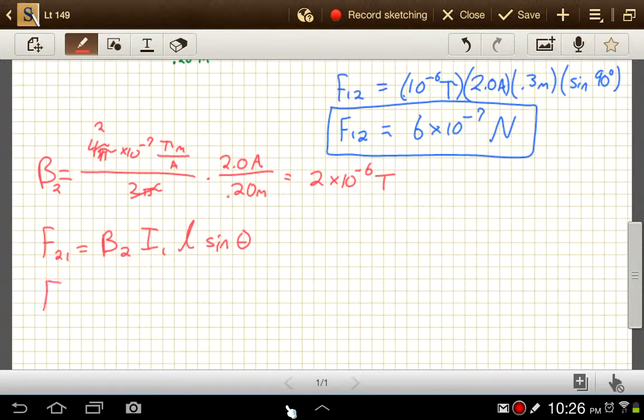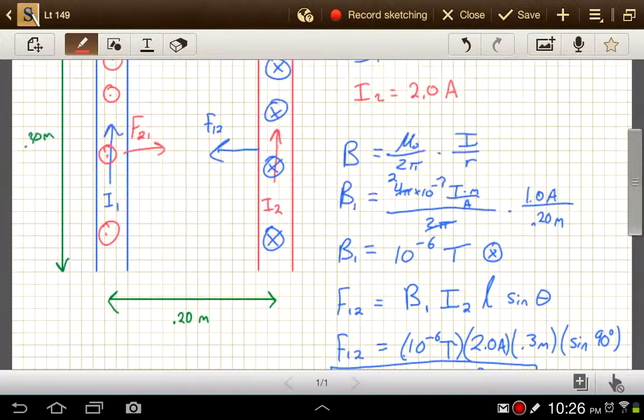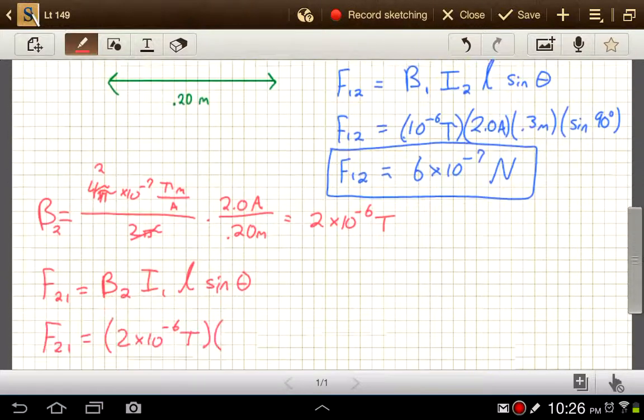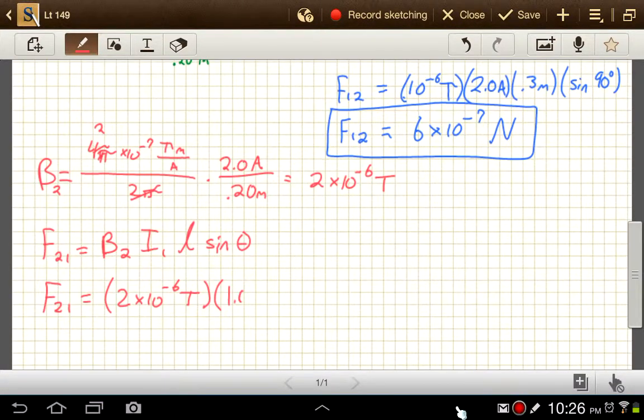So the force from 2 on 1 is 2 times 10 to the negative 6 Tesla, times the current for the first one, which was 1.0 amps, times the length, 0.3 meters, times sine of 90 degrees, and so the force from 2 on 1 ends up being 6 times 10 to the negative 7th newtons.